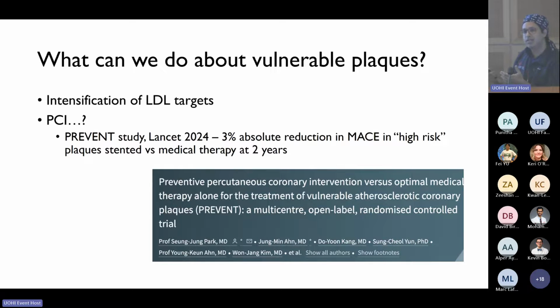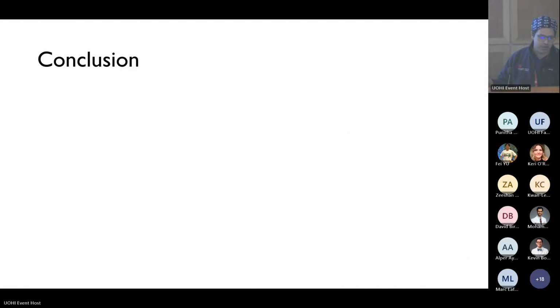So this is not some huge difference in MACE outcomes with cardiovascular death, stroke, MI that we're seeing. These are marginal benefits. Putting in 84 stents to help one patient, I'd leave to your interpretation whether you think that's worth the lifelong risk of in-stent restenosis, etc.